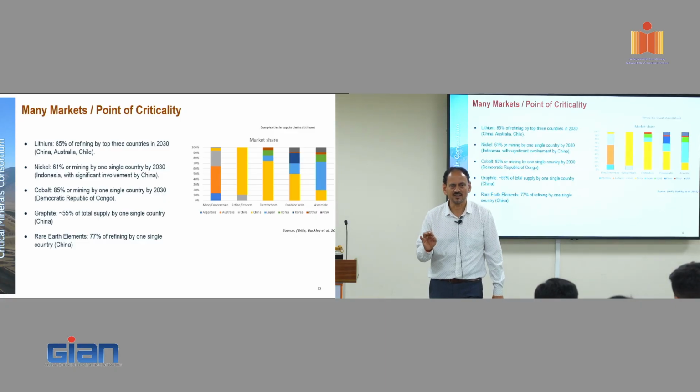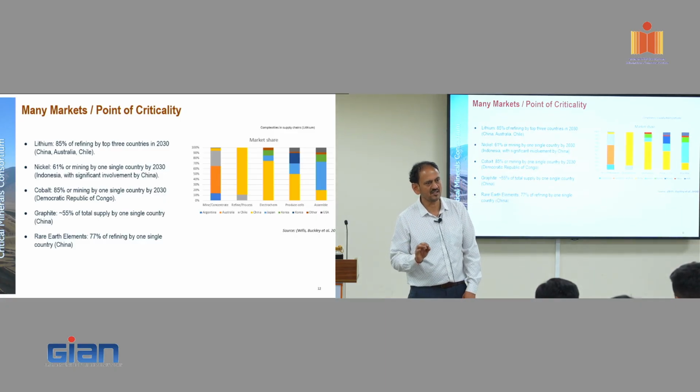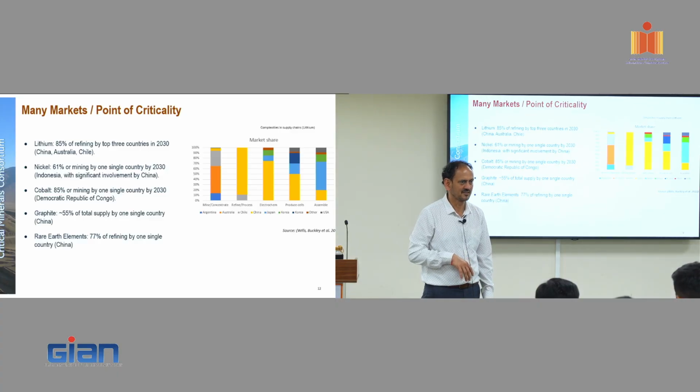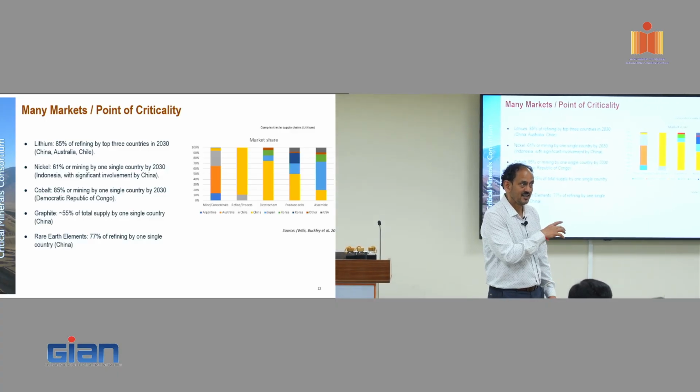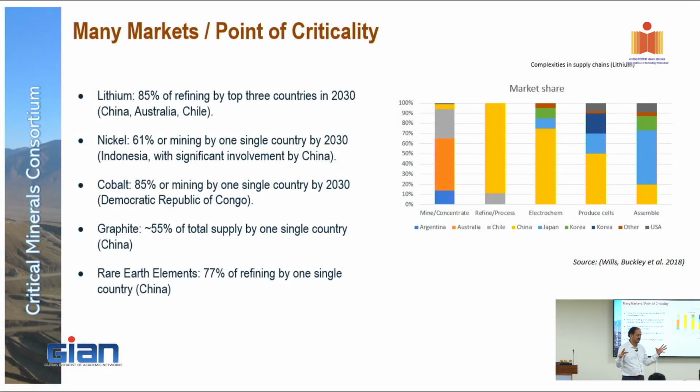Lithium by Australia. Copper by South America, Chile. None of these countries are top battery manufacturers. We saw yesterday in the battery value chain that the total world battery market is about $150 billion, of which Australia derives only 1.5%. 1.5% of 150 billion is how much? 1.5 billion.